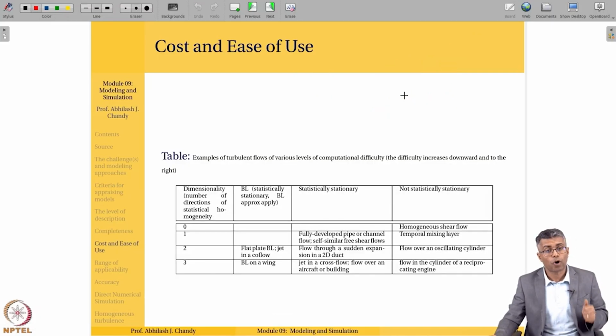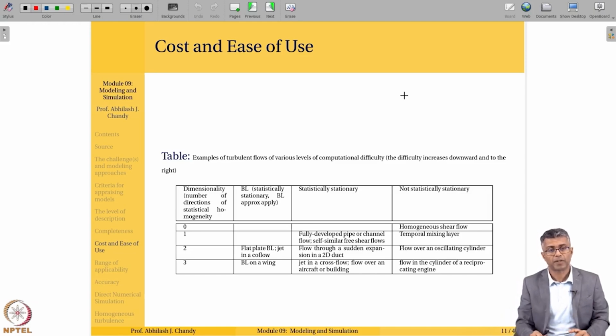Next, cost and ease of use. So I've provided a table here. The left hand side of the table provides the dimensionality of the flow. The second column is the boundary layer, so we are talking about a class of boundary layer flows.